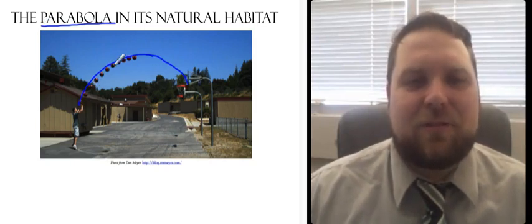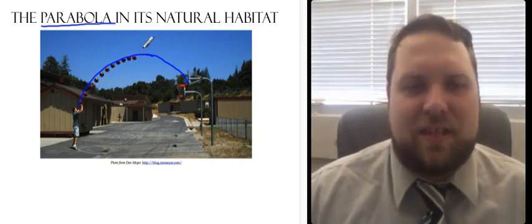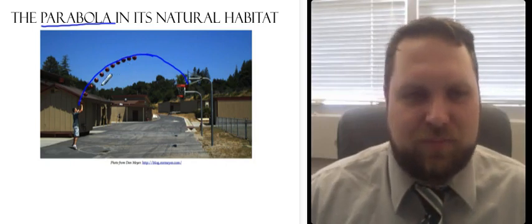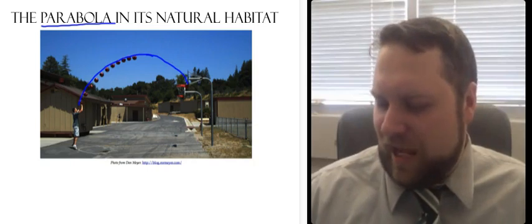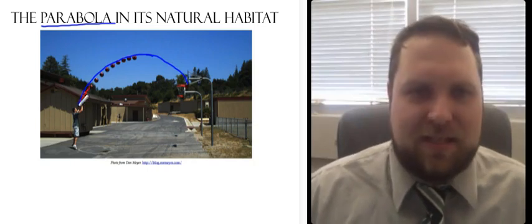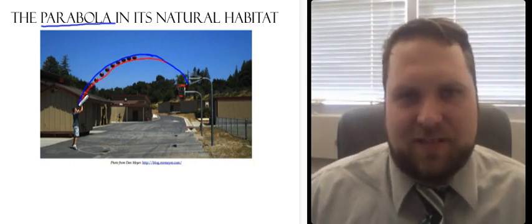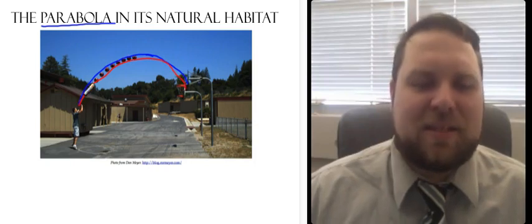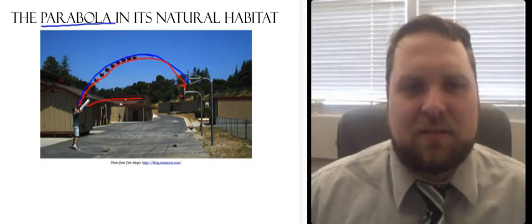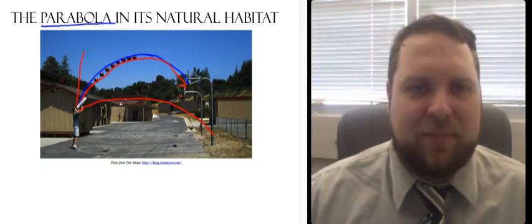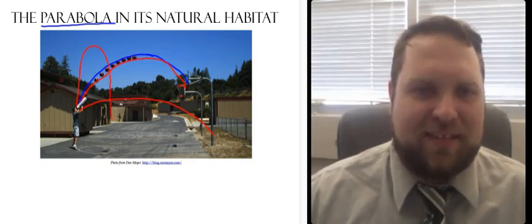Anything that is thrown on the Earth's surface such that air doesn't catch it and change its path a lot, anything thrown on the Earth's surface will travel in a parabola. So we can see, this basketball, I'll do this in red so you can see it against the sky. This basketball travels along that path. Sometimes when we throw things, it travels in a much more gradual parabola, or if we throw it straight up, it could be more dramatic like this.